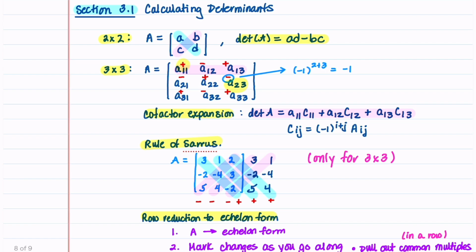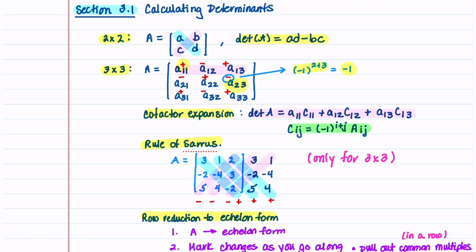And the reason for that is (-1)^(2+3), adding the entries in the subscripts, and that's equal to negative 1. In general, our formula for Cij is (-1)^(i+j) times the matrix Aij, and that's just the matrix that remains when you cross out the row and column common to Cij.